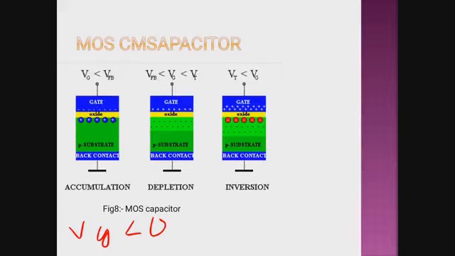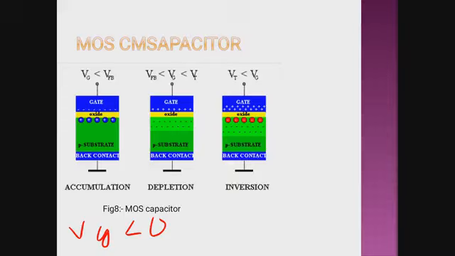So all the holes, the positive charge particles, are accumulated near the channel region. All of these blue circles are holes, and they are accumulated over the channel region, and this region is called the accumulation region.